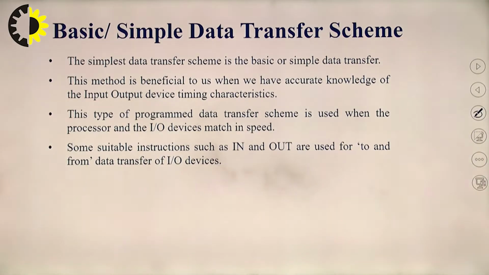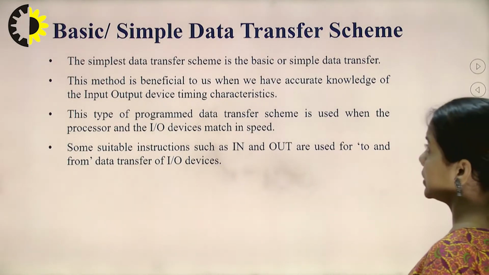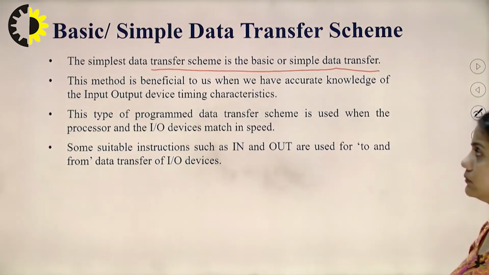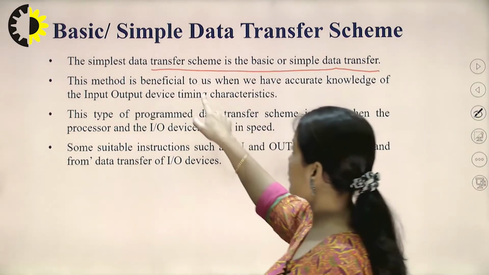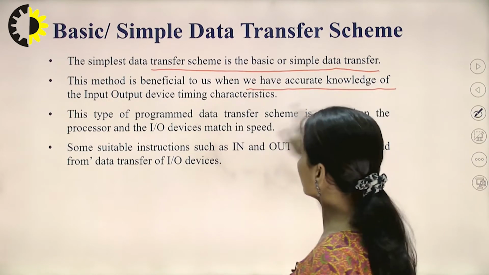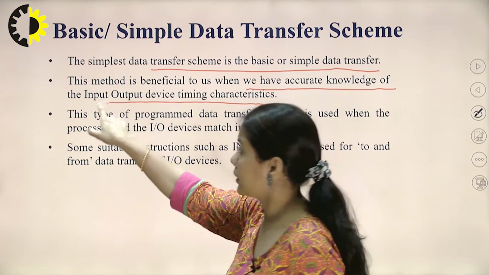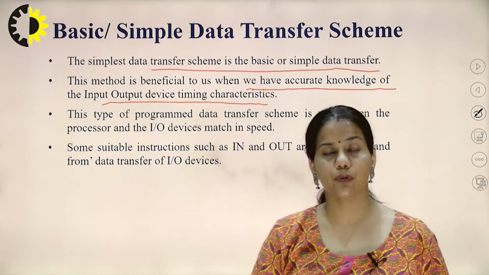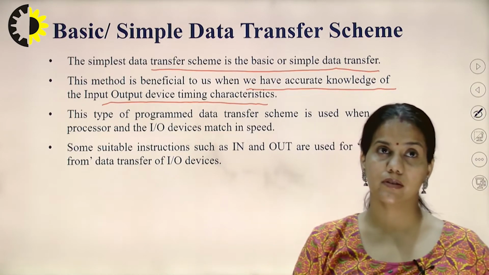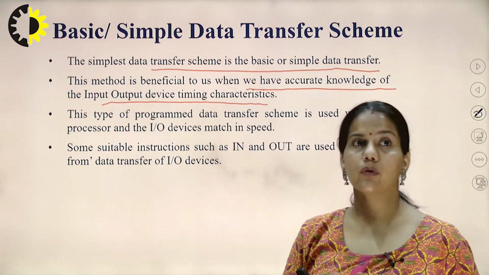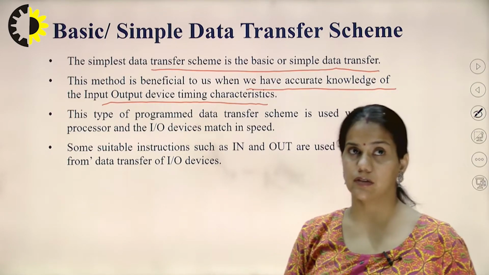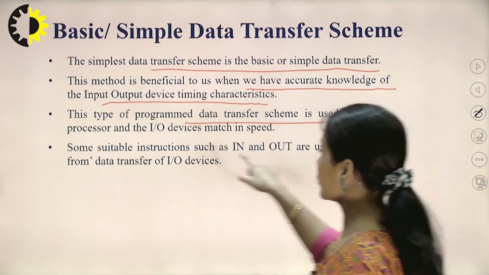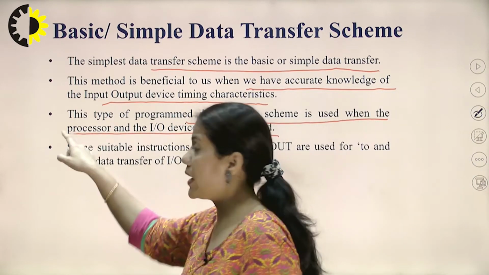When we talk about the basic or simple data transfer scheme, it is the simplest data transfer scheme. The method is beneficial when we have accurate knowledge of the input-output timing characteristics. So this is beneficial when we are using those input-output devices whose timing characteristics are known to us. This type of programmed data transfer scheme is used when the processor and input-output devices match in their speed.